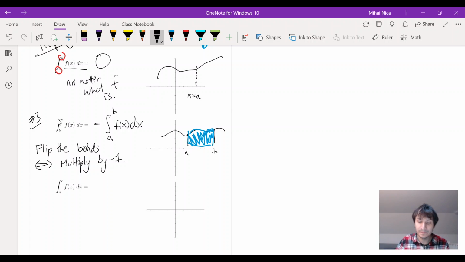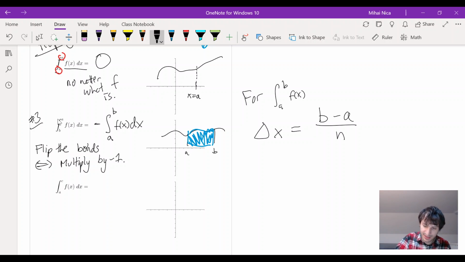And why is this true? This happens because, remember, when we're doing these Riemann sums, which are what define the integral, we take these delta x values, and delta x is always equal to b minus a divided by n. So, okay, this is for the integral from a to b of f of x dx. You take this interval and you cut it up into pieces, and you have these delta x values, which is the width of each individual rectangle, how much the x value is changing.